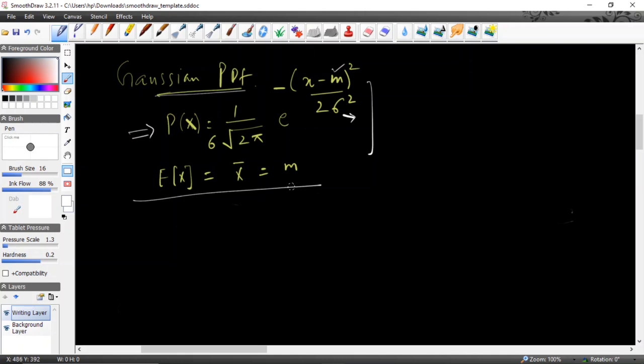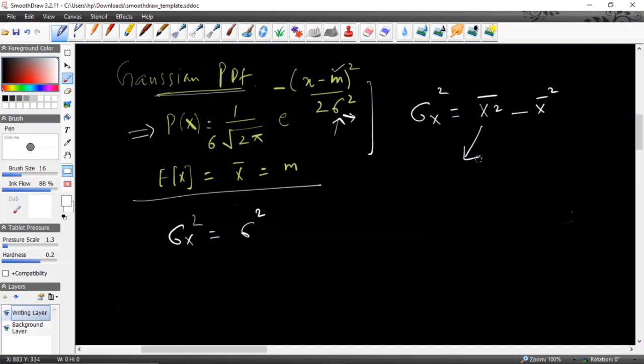It is m, and if you try to find the variance of this random variable, this comes out to be sigma square. Because you can find the variance as the mean square value minus square of the mean.